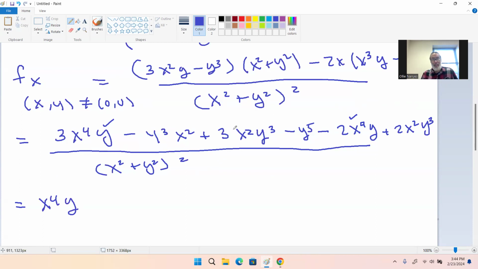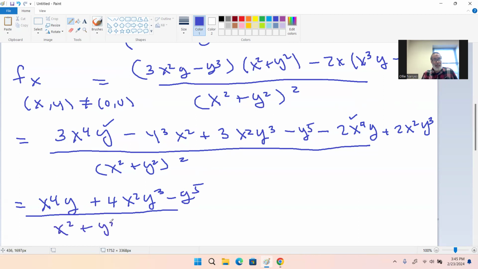Then we have these two, which give you a 2x squared y cubed, plus another 2x squared y cubed, minus y to the fifth, all over x squared plus y squared, squared. Now this is f of x, the partial with respect to x, for xy not equal to 0, 0.